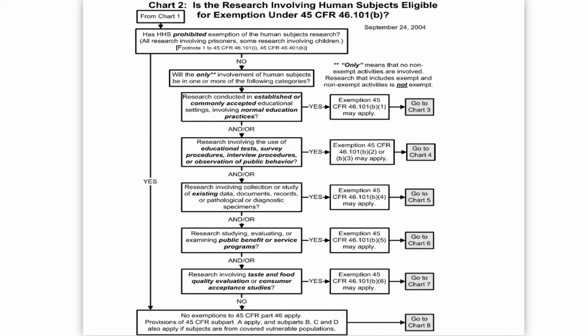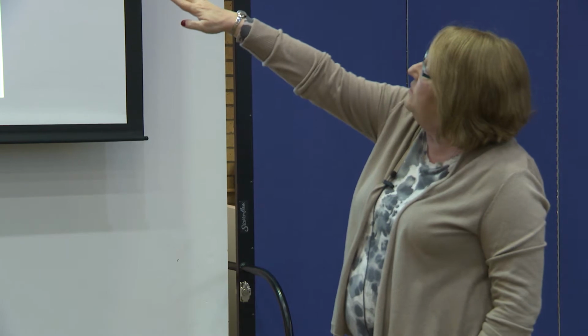So it starts with the involvement of human subjects, commonly accepted educational settings. There again, if it's yes, you could go to an exemption. And then it says and or research using tests or surveys. It could still probably be exempt. And it'll just take you all the way through of how you could make a decision. Okay?